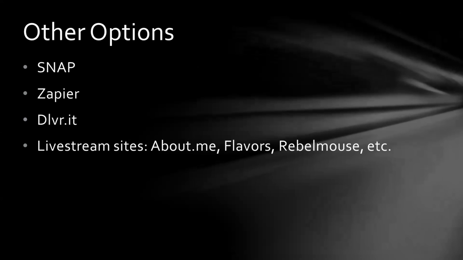But IFTTT is not the only option. It's the option that I recommend, because it's external to your site. You can also use a plugin called Snap, which is Social Network Auto Poster. The premium version of it will allow you to post to several networks. The only downside is that if you're posting to a bunch of networks, it can get a bit heavy on your server.